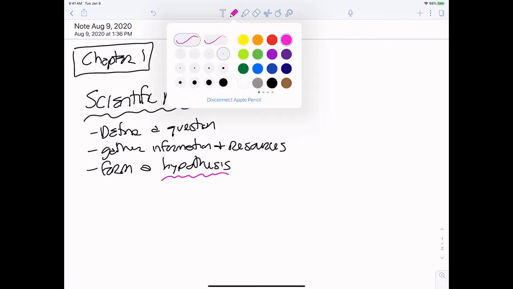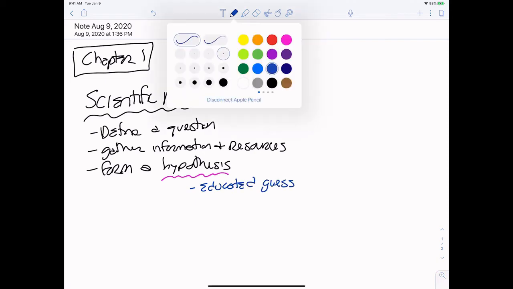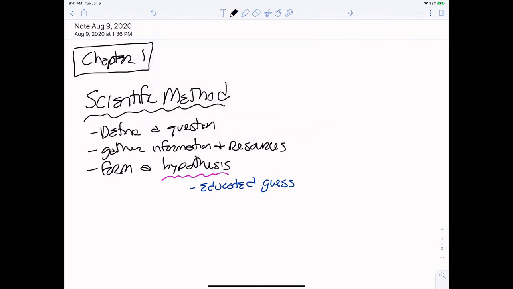And again, remember, a hypothesis is essentially an educated guess. It is based on the information that we've gathered, resources, scientific reasoning, but again, at this point, it's just an educated guess. We perform experiments.